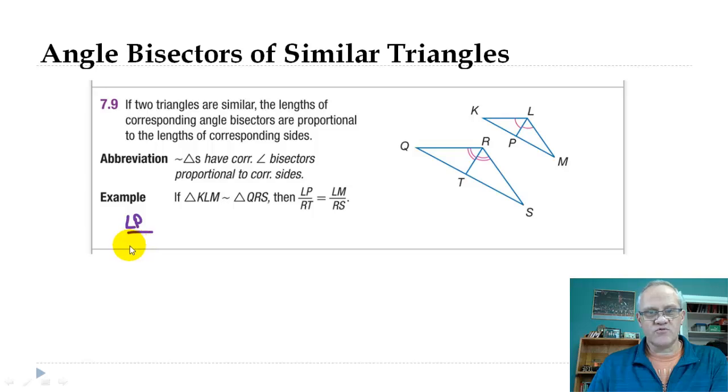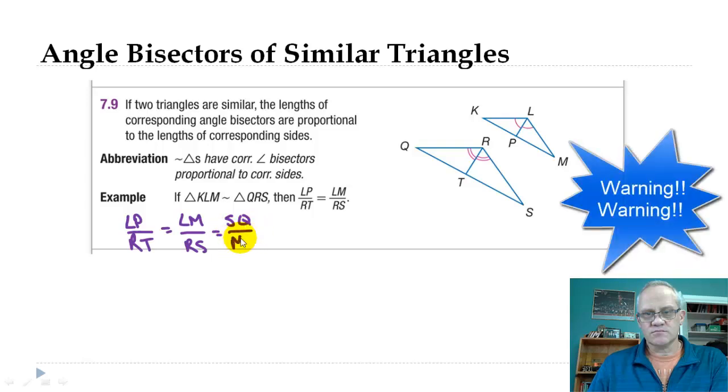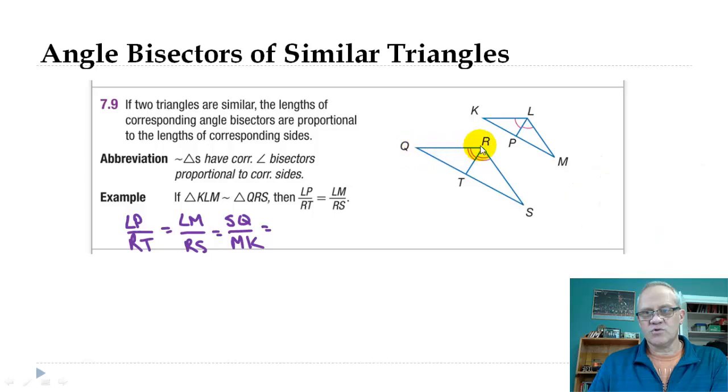If you put that over RT, that will equal all of the other sides as well. The one they started out with here was LM over RS, which is good. But also SQ over MK would also work, and it would also equal QR.